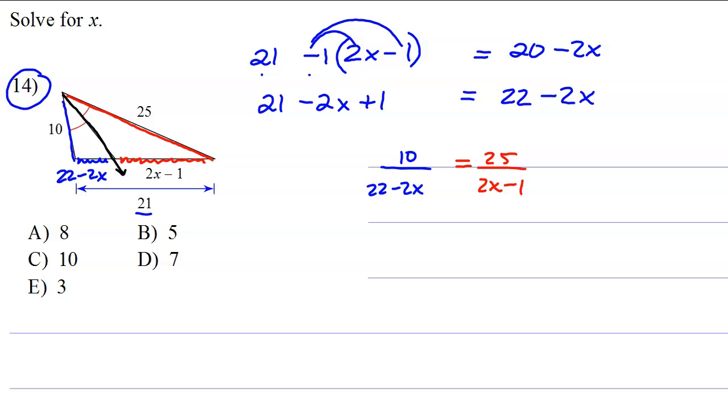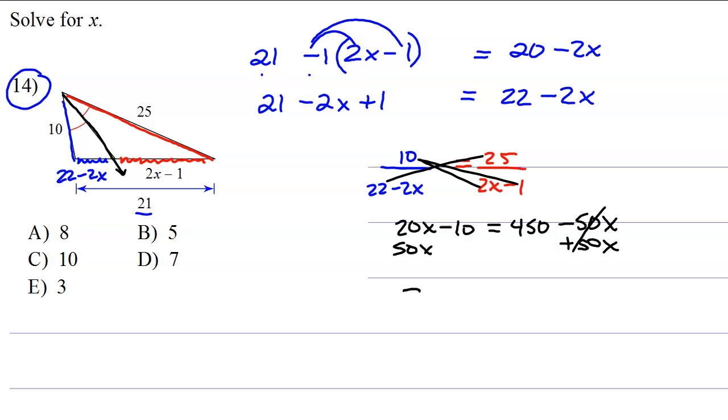We did these in the algebra review section, so I know you can handle it. 20x minus 10. 22 quarters, that would be $4.50 minus 50x. I'm going to add 50x to both sides, which is going to give me 70x's. I'm going to add this 10 to the other side, which is going to give me 460.